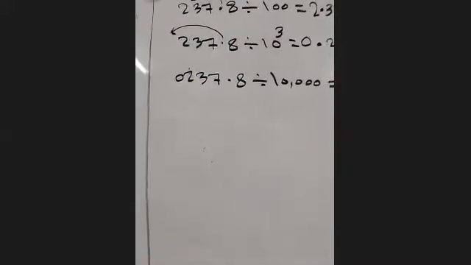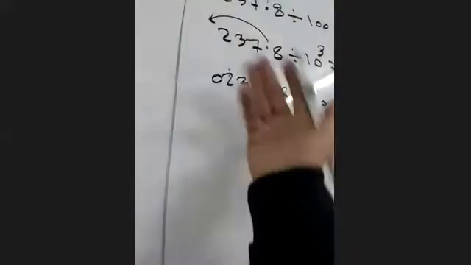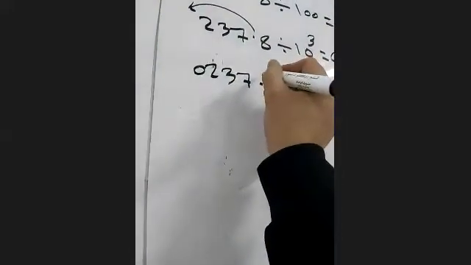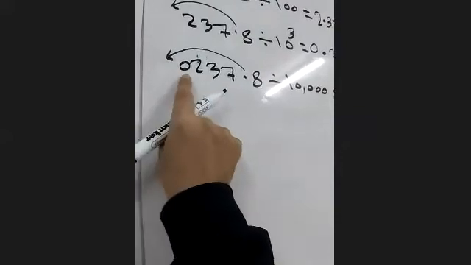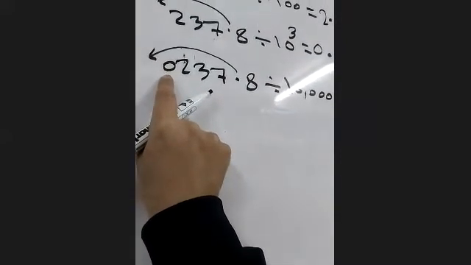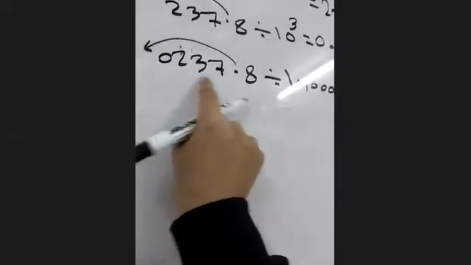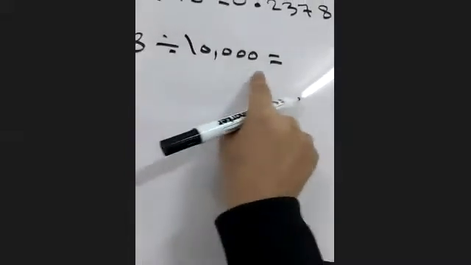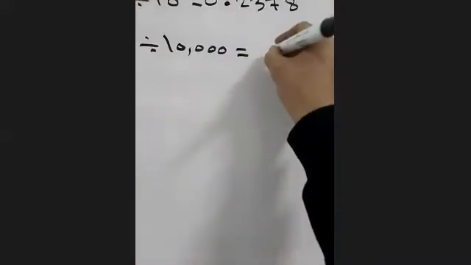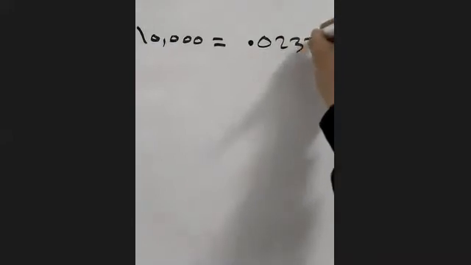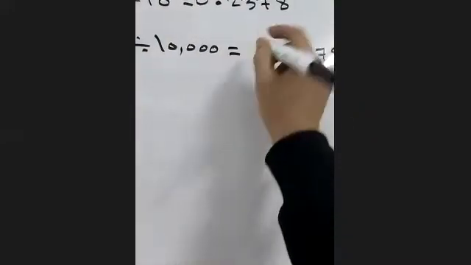So I will go to the left 4 digits: 1, 2, 3, 4. The decimal will be here. Why do I add 0? Because I need another digit, because I have only 3 digits here, and we have 4 zeros. Now the decimal will be here: 0.02378. This empty place, add 0.